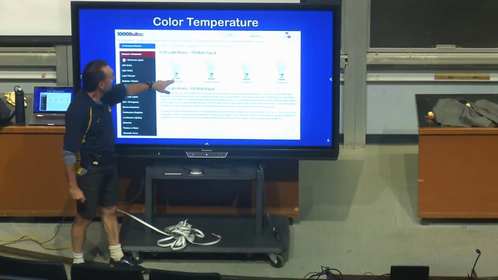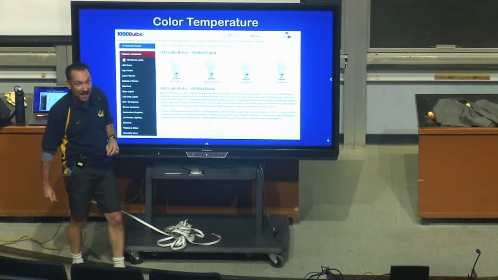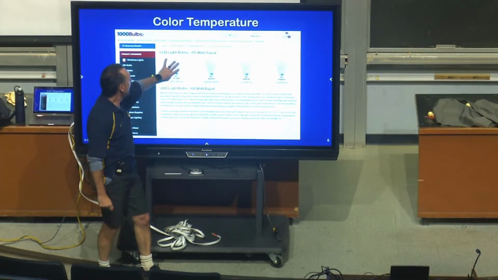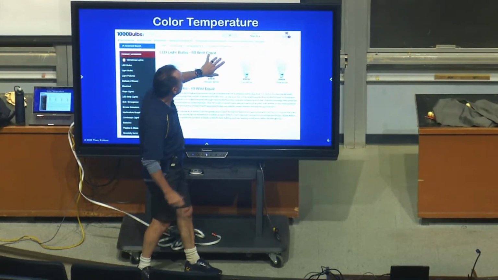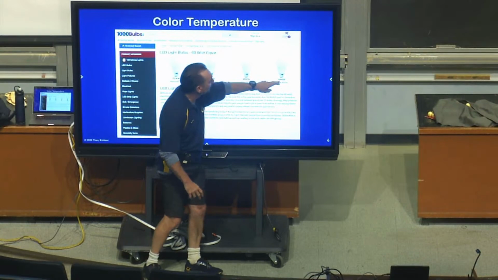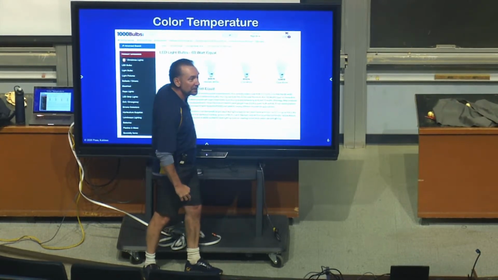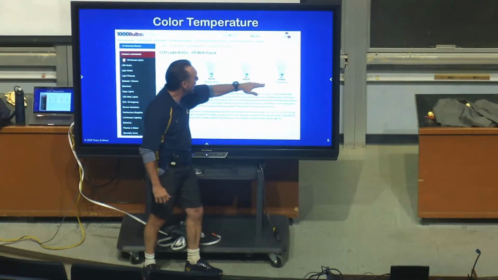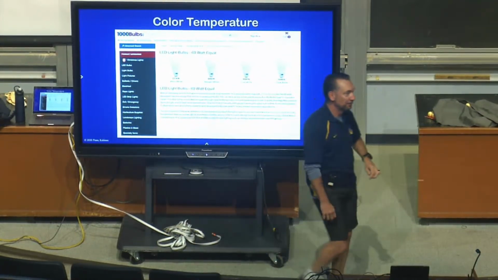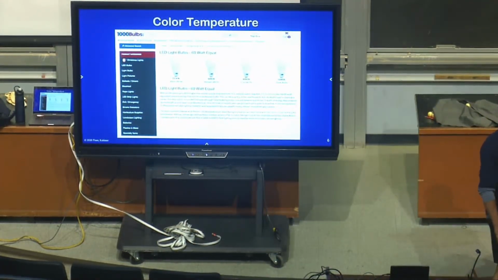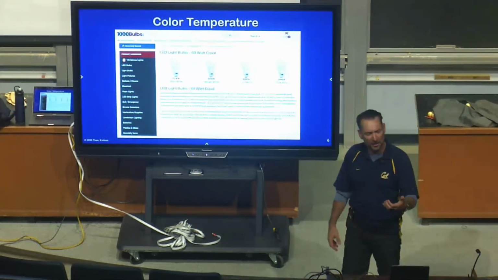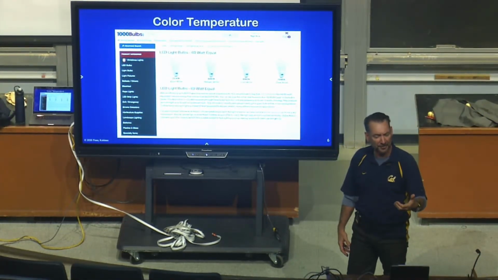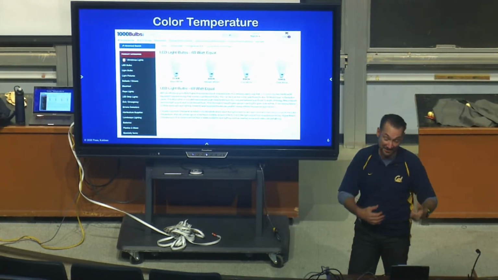So 2700 Kelvin is orangey light, and then the light gets bluer and bluer, higher and higher peak frequencies as you go to higher color temperatures. So next time you're in the hardware store and people are saying, oh, do I need 3500 Kelvin, 3500 K color temperature? You'll go, well, you know what that is.